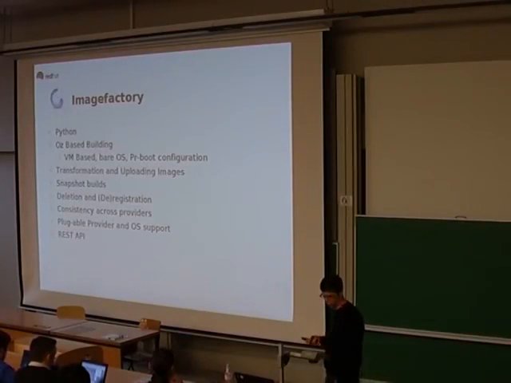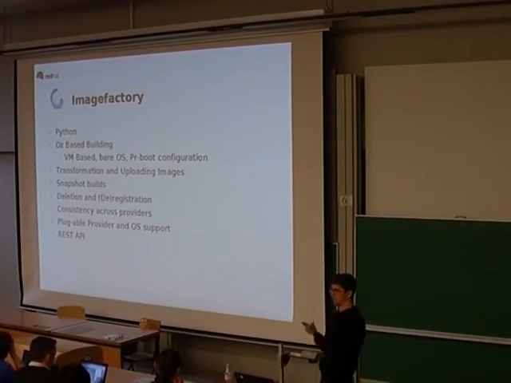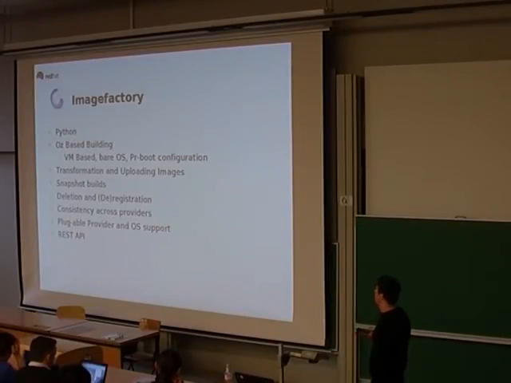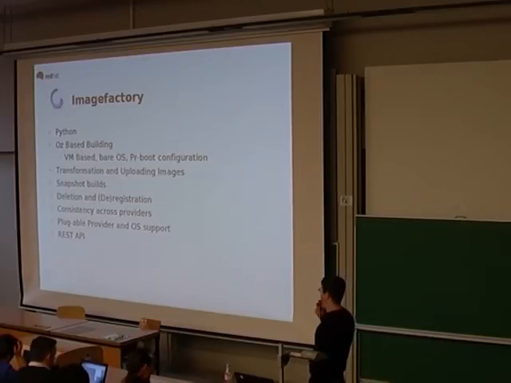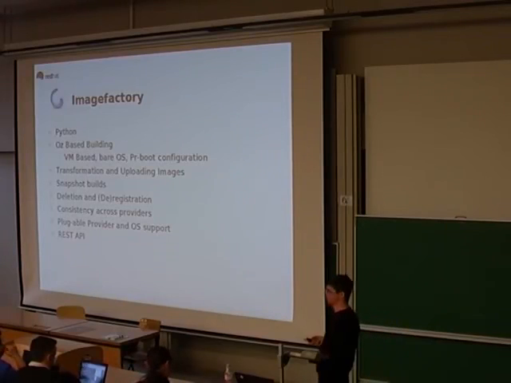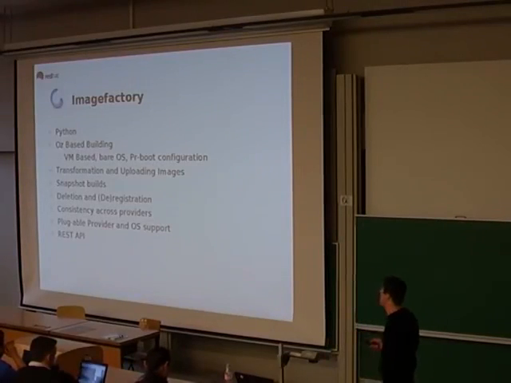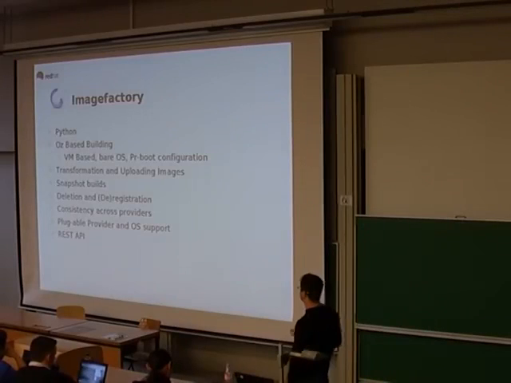Well, Image Factory is a tool that allows you to define your image in a standard way, and then take that image, build it, and then push it to the various different cloud providers that you deploy. And at the moment we support EC2, OpenStack, Rackspace, and a couple of others as well.